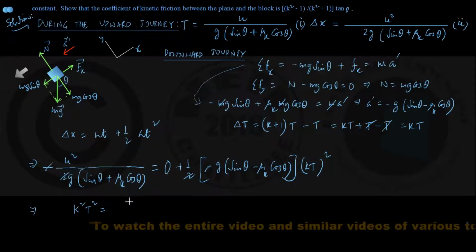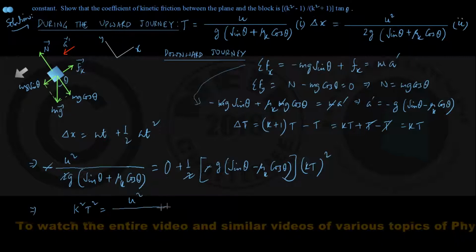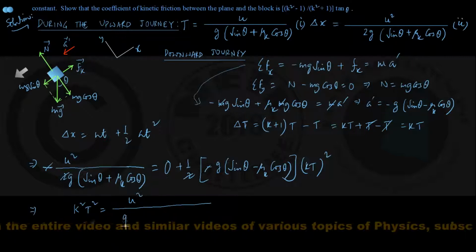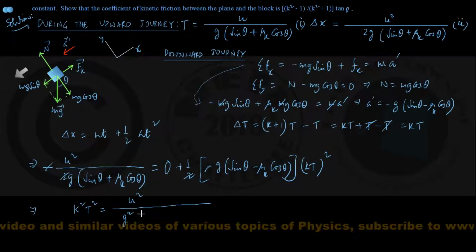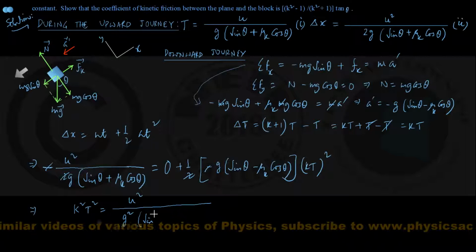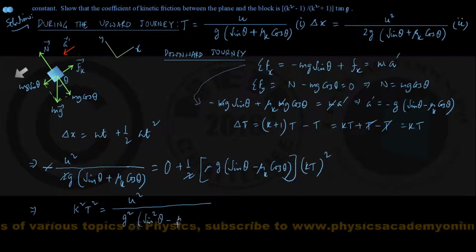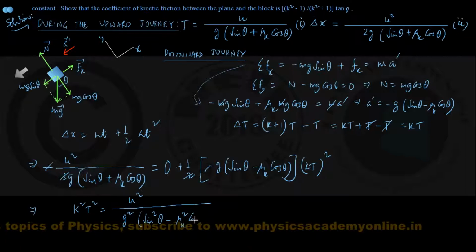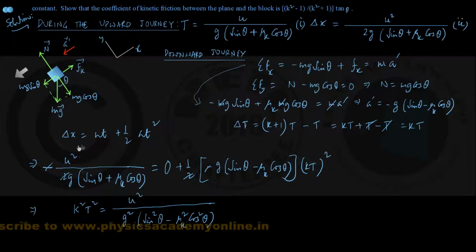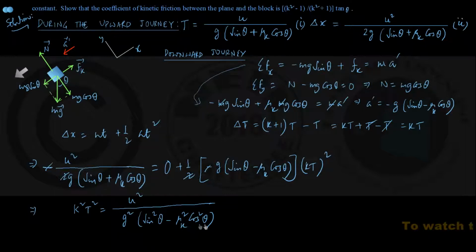So it is u square divided by g square into sine square theta minus mu k square cos square theta. Just check it. We have got k square T square is equal to u square divided by g into sine theta plus mu k cos theta, then again divided by g into sine theta minus mu k cos theta. Therefore, I got in denominator g square into sine square theta minus mu k square cos square theta.